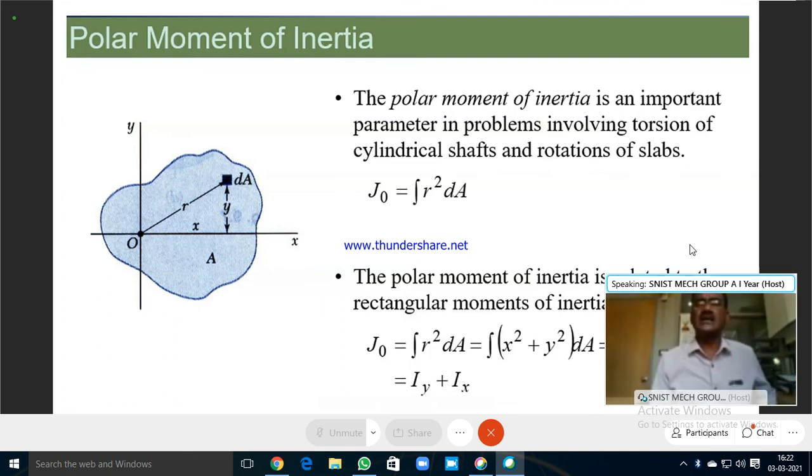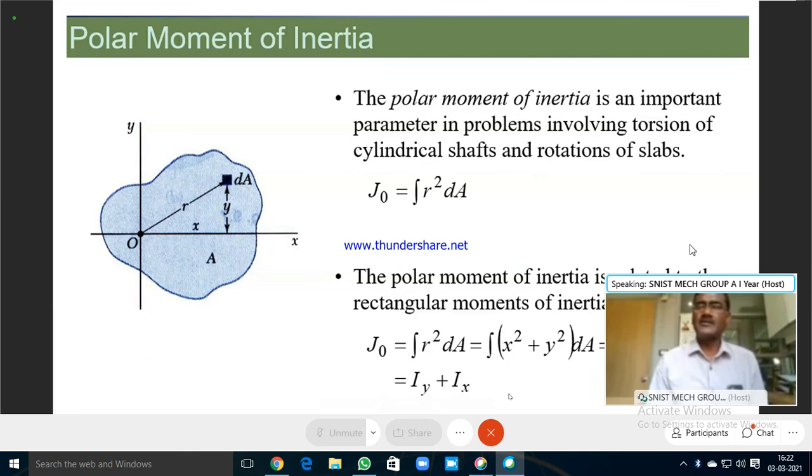J naught is the standard symbol, and you can represent it as Iz also. The axis which is perpendicular to both x and y is nothing but the z axis. So you are writing it as perpendicular axis theorem. Both are same.